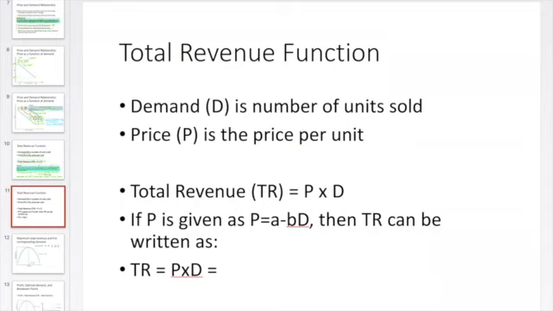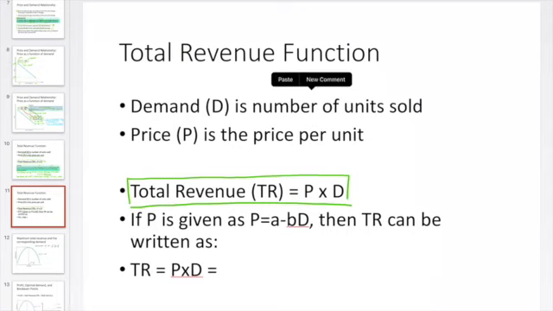Okay, and here we want to step further to learn about the total revenue function. So we have already seen this. Total revenue is P times D, right? Price times demand. And what if we replace the P by P is A minus BD?